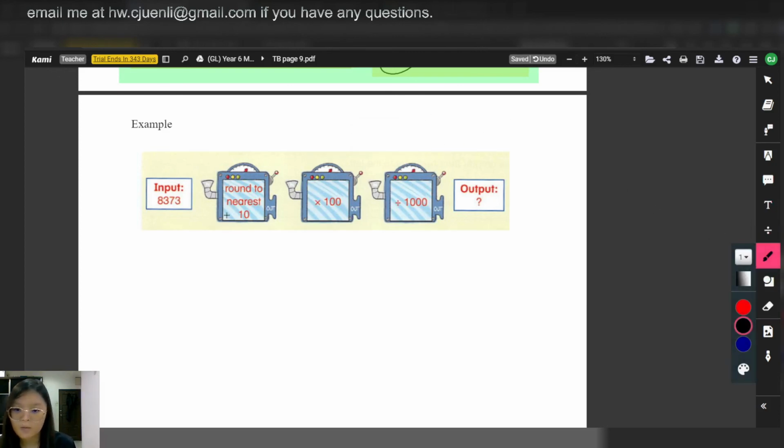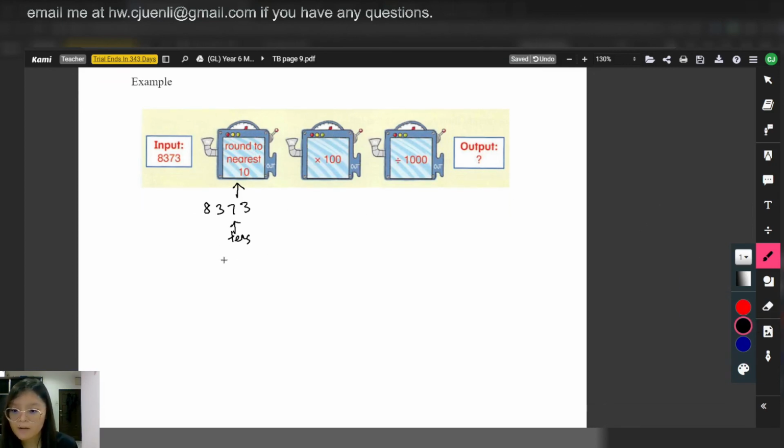Let's see. When rounding to the nearest 10, we need to take 8373. Put the arrow right here, tens, so we focus on it. All right, we focus on that number. Then we have what number? We have 8370. It's closer to 70 more than 80. Okay, we focus on this number over here.